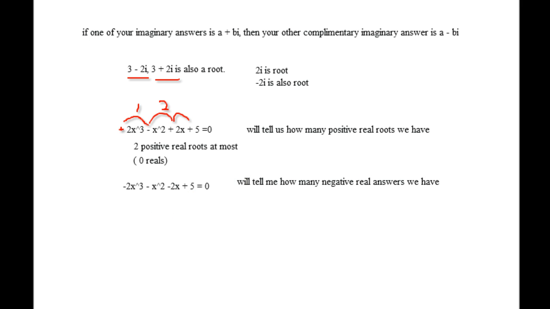If I start here, I go from negative to negative, that's 0. Negative to negative, 0. Negative to positive, that's 1. So I have 1 negative real root. And that does match up with everything we have talked about, because I actually did have 1 negative. So that's how you check them out, and how you've worked with them in the past.